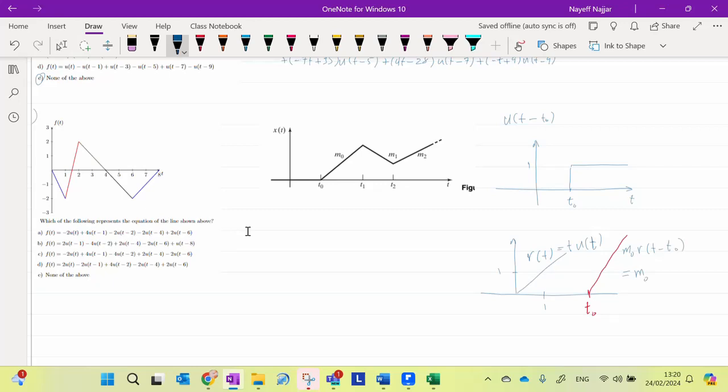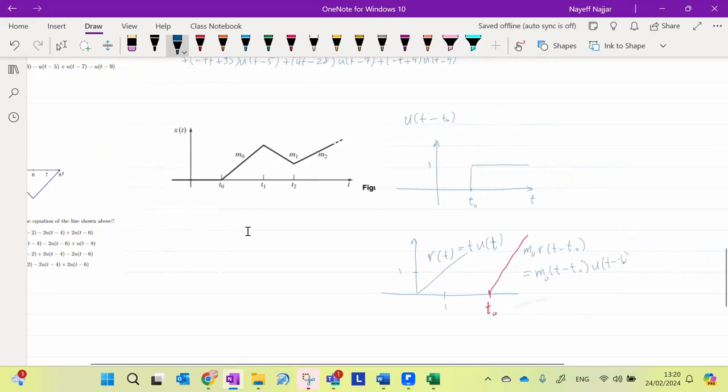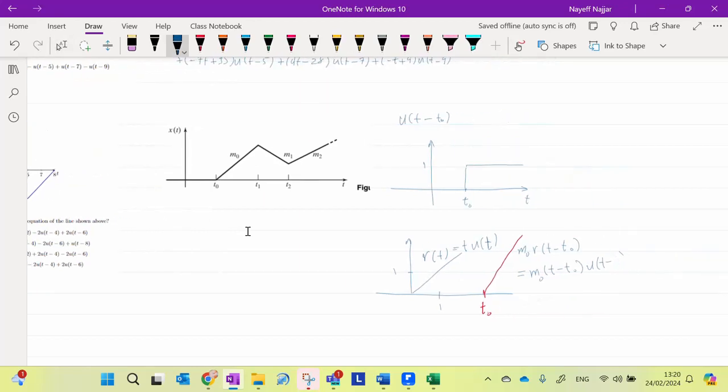So you can write this as m0 times t minus t0, times u of t minus t0.